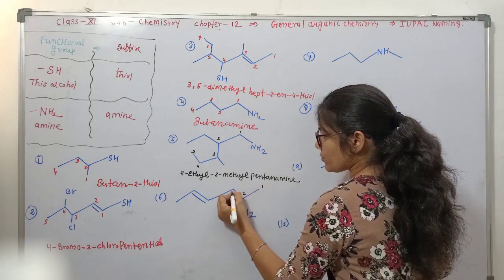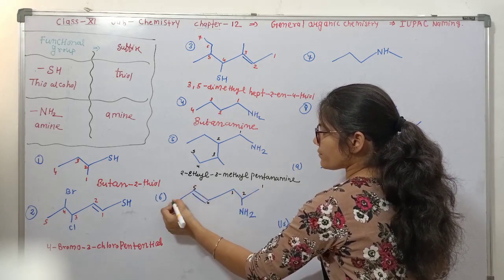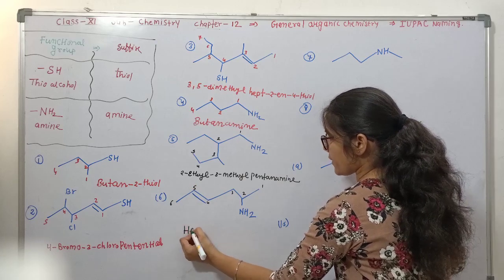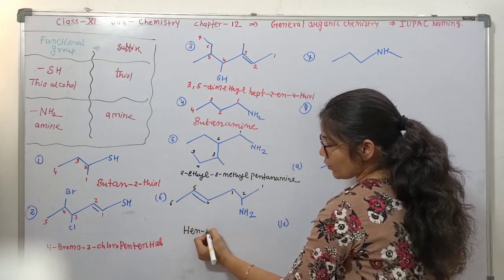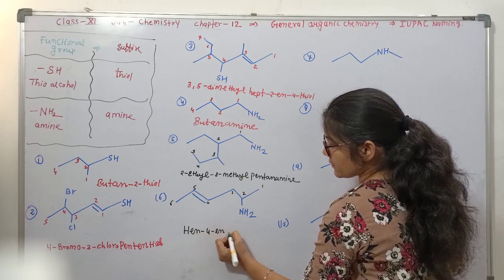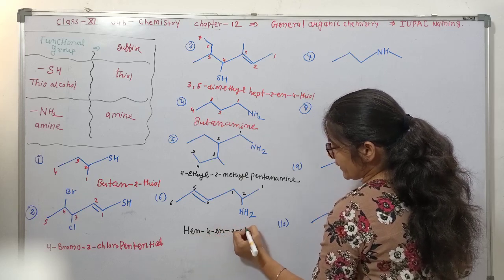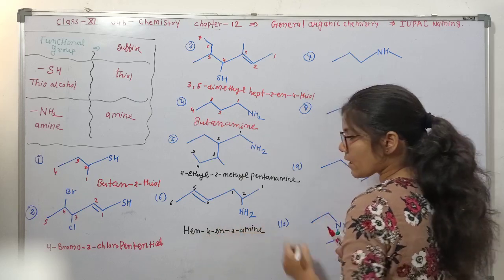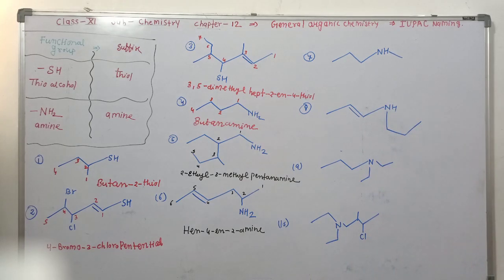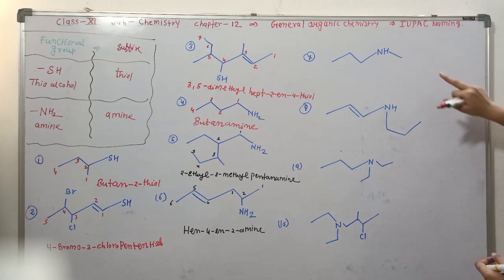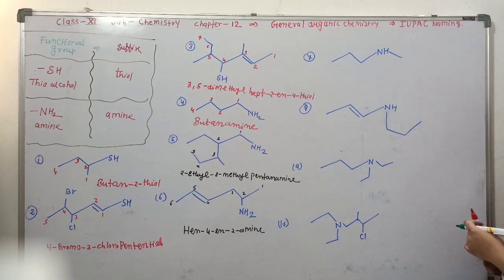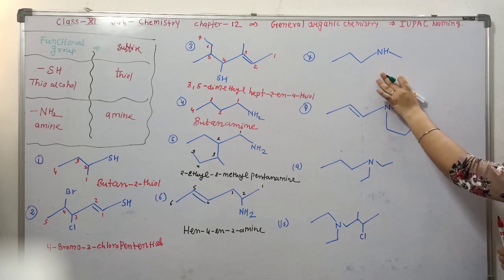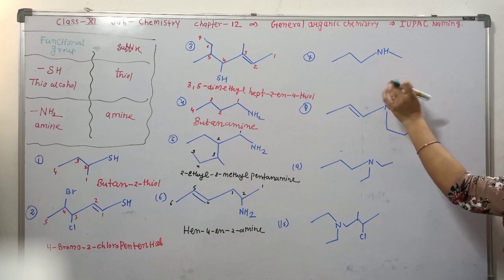1, 2, 3, 4, 5, 6. Here it is quite different. We have two chains connected with nitrogen, that amine group.